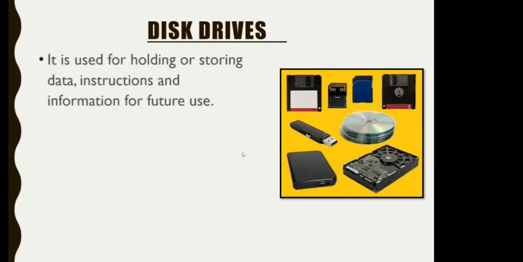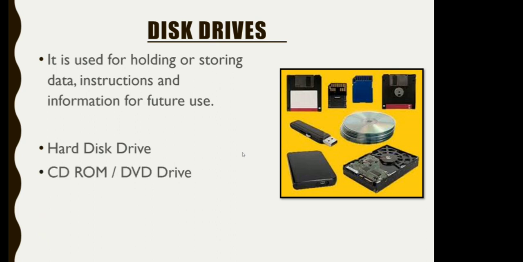Disk drives are used for holding or storing the data, instructions and information for future use. There are different types of disk drives like hard disk drive, CD-ROM or DVD drive or Blu-ray drive. All these are the disk drives located inside the system unit. Let us have a look at all these one by one.